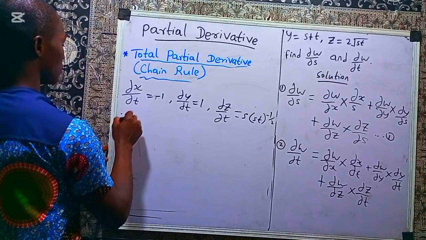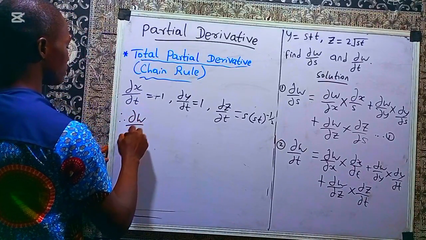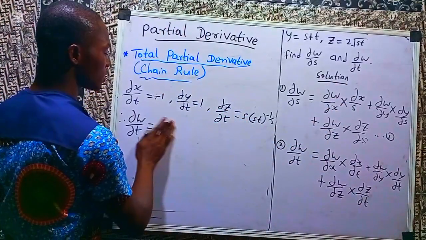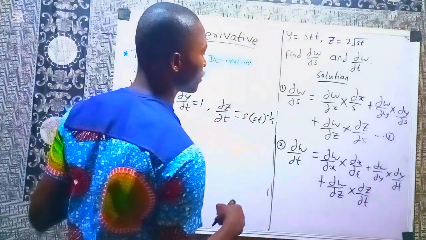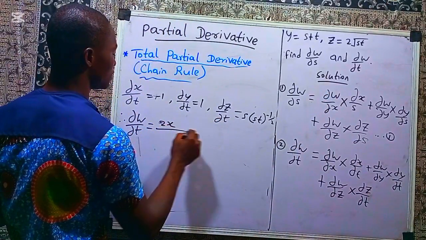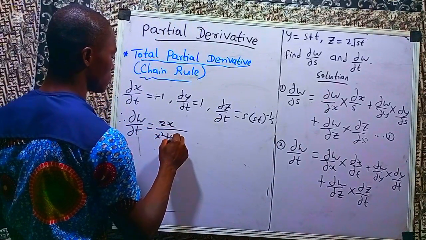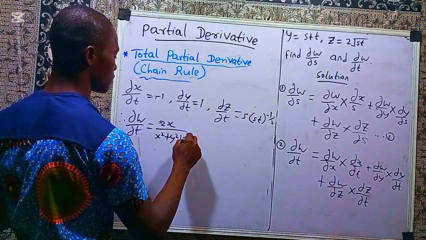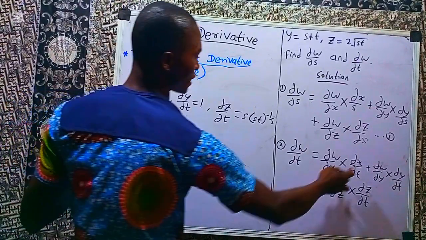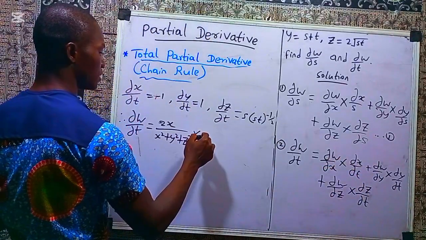Therefore, partial w partial t will be equal to partial w partial x. You can check from the previous thing we have solved. Partial w partial x gave us 2x divided by x squared plus y squared plus z squared. We are multiplying it by partial x partial t, which gave us negative 1.